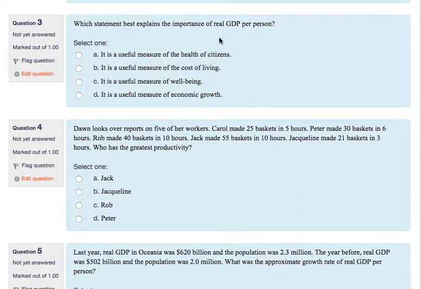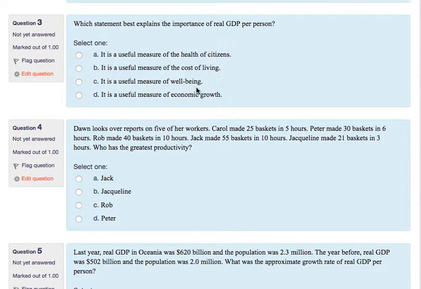Well, we know that real GDP per person would be like the average income level per person, or the average amount of money available in terms of production per person. But health, we don't know. Like, people could still be very unhealthy. It is a useful measure of the cost of living. No, the CPI index is a useful measure of the cost of living, but this isn't.